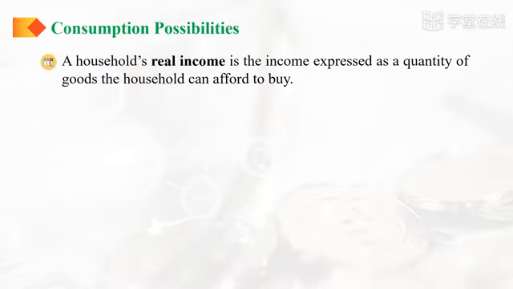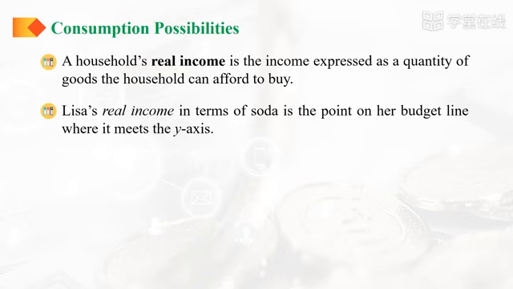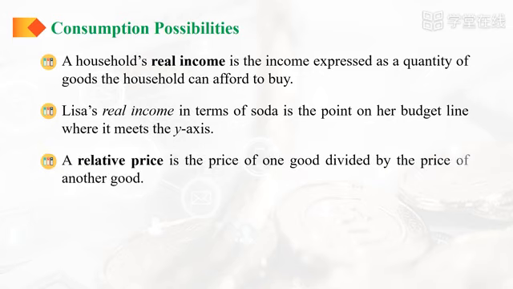A household's real income is its income expressed as a quantity of goods the household can afford to buy. Lisa's real income in terms of soda is the point on her budget line where it meets the y-axis. A relative price is the price of a good divided by the price of another good.